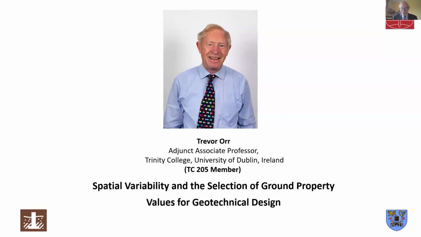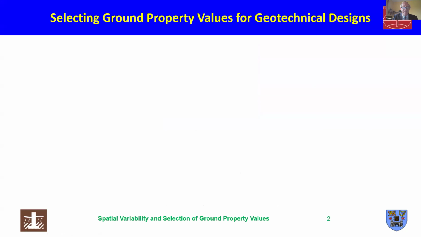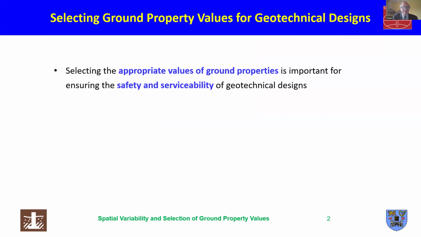Well, my lecture relates a bit to what Alejo was speaking about. You'll see later on about spatial variability and selection of ground property values for geotechnical design. My background is really my involvement in Eurocode 7 and selecting the appropriate values of ground properties. It's important for ensuring the safety and serviceability of geotechnical designs.